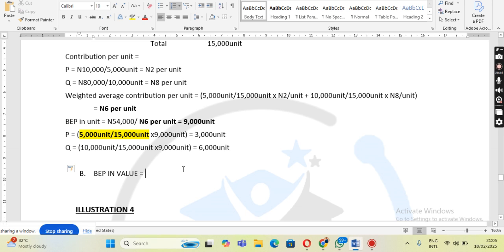Since it is value, our fixed cost still remains, divided by CMR.